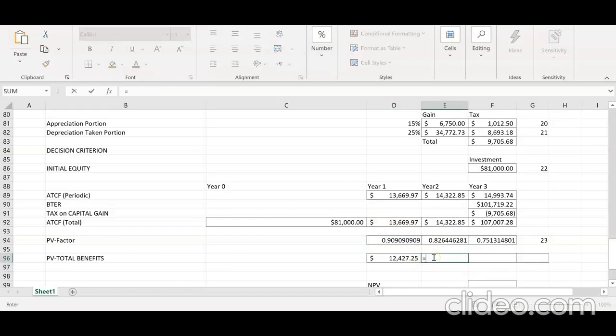Same as the second column. Multiply by the third column, we should be using this, multiplying by this total.